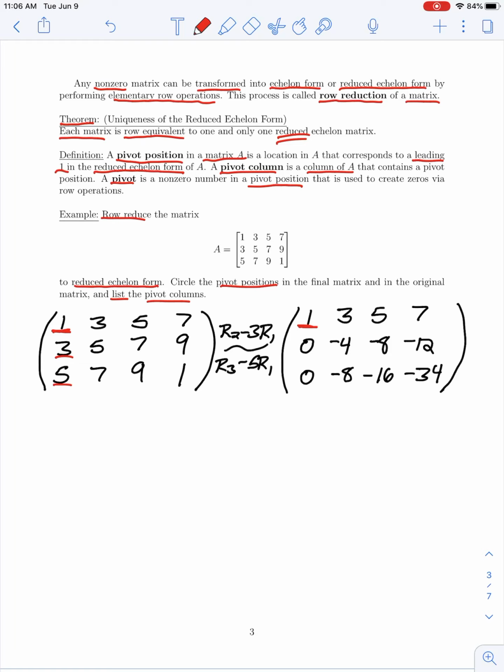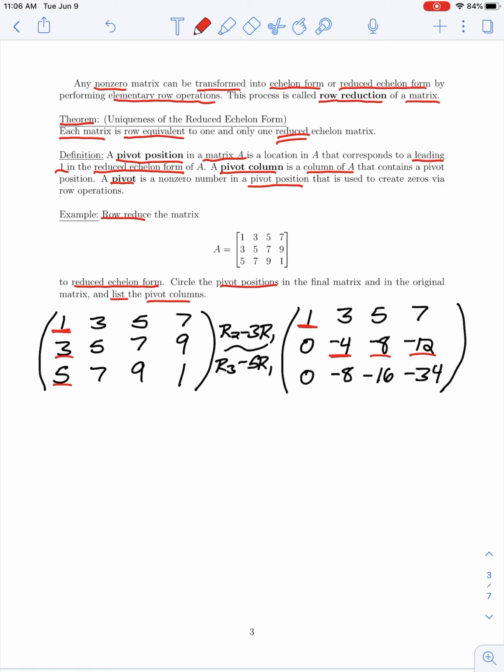Moving downward, our leading position in the second row is this -4. And I know that I want to have a 1 there to get this into reduced echelon form. Now notice that in this example, our second row consists of entries which are all multiples of 4.